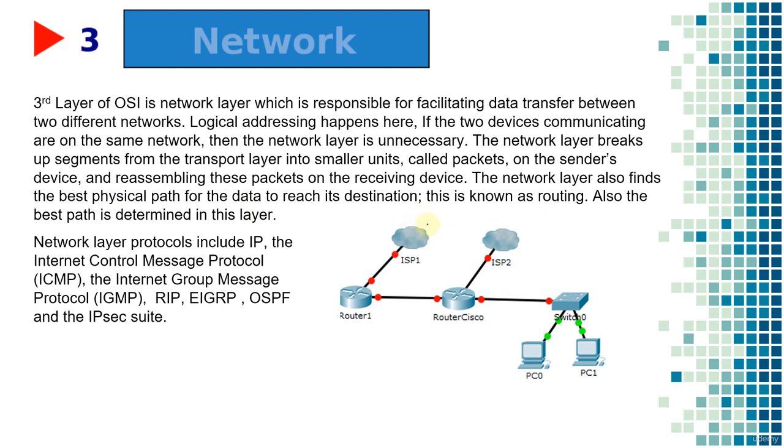For example, let's say this is ISP1, this is ISP2, and these are somehow connected with some routers, and the routers are somehow connected with each other. And this is the server of Job Skill Share. And this PC wants to communicate with this server.